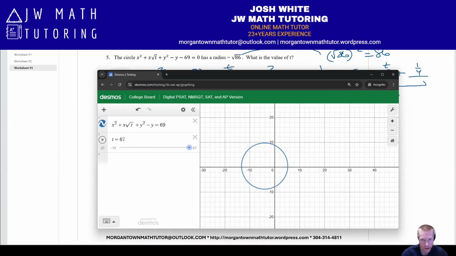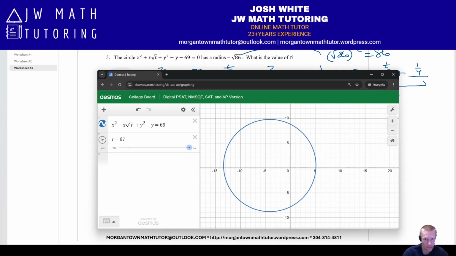Okay. So here's our circle. What you want to see now is the radius of this circle equal to square root 86? Okay, so basically we need these 2 points. Specifically, we need the y values. The x value is irrelevant. And we're going to, or actually no, what we're going to do is we're going to find the distance, just use the distance formula, find the distance between them in general.